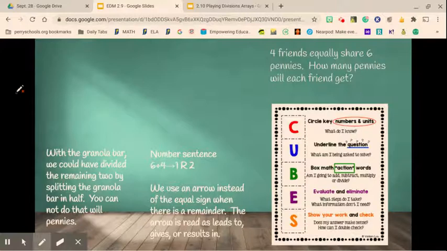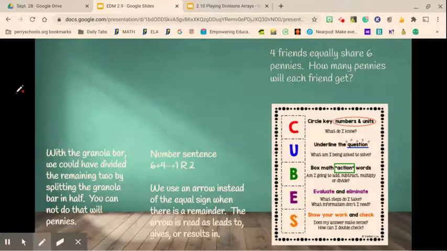We use the arrow sign instead of an equal sign when there's a remainder. The arrow is read as leads to, gives, or results in. So I would say 6 divided by 4 leads to 1 remainder 2. Or 6 divided by 4 gives 1 remainder 2. 6 divided by 4 results in 1 remainder 2.